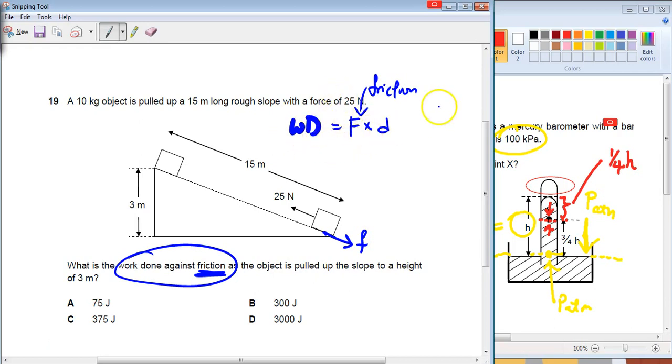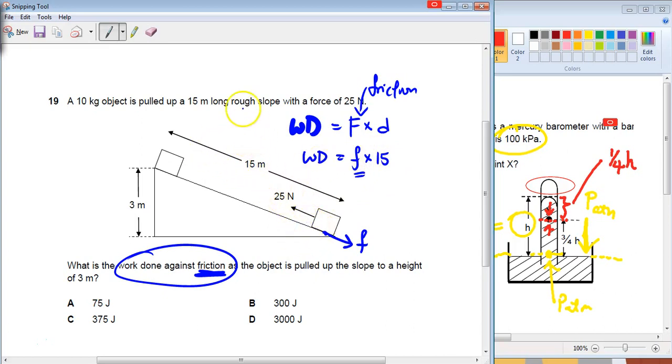The work done against friction will be given by F multiplied by 15. Since I do not know what is my F, I cannot use this formula to solve for friction. I do not know the weight of this.